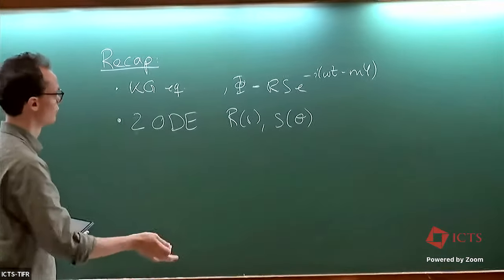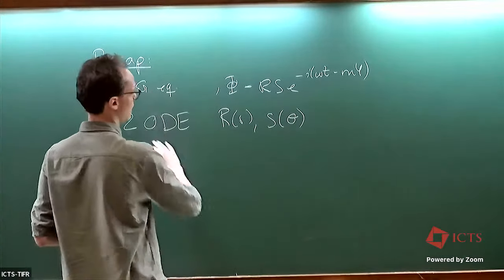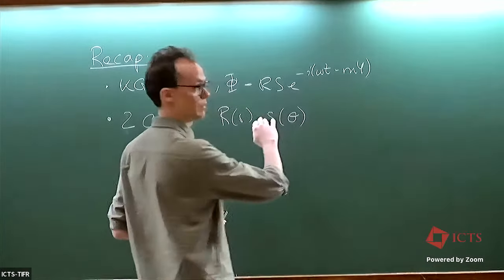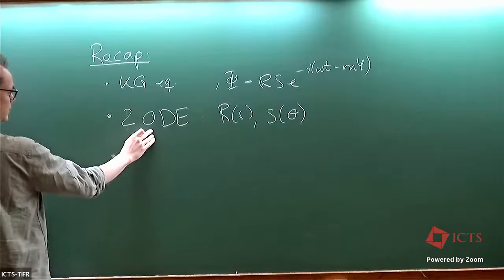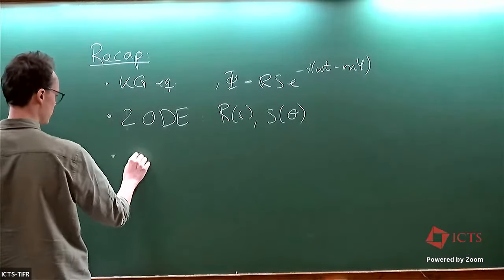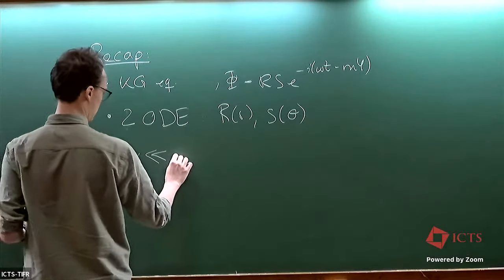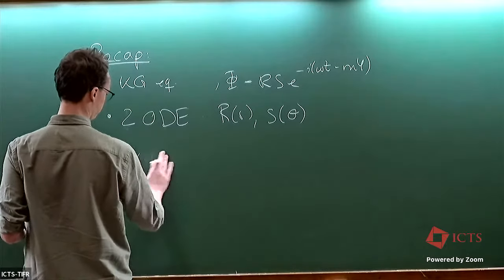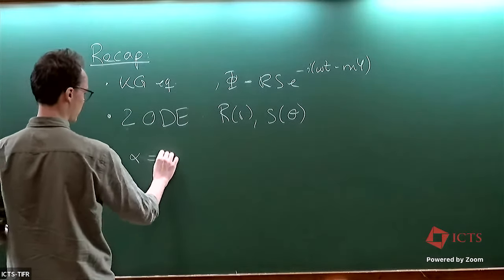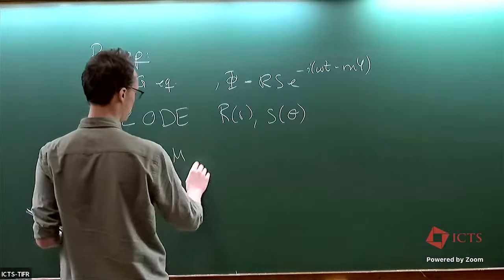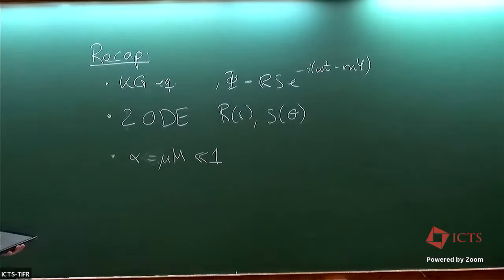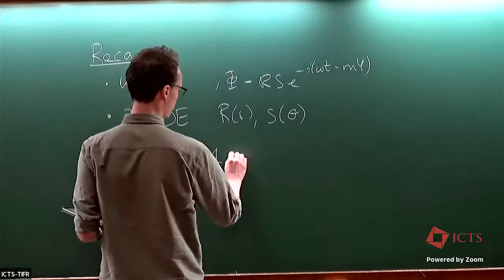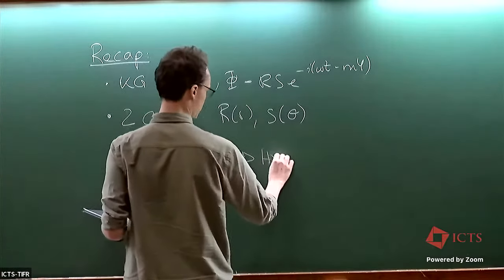We just rewrote the Klein-Gordon equation, and we made the assumption that the solution looks something like this. But then to actually solve these two ODEs, we assumed further that this, quote-unquote, gravitational fine structure constant alpha, which is just mu times m, is much smaller than 1. And in that limit, we were able to obtain a solution which was basically just the hydrogen atom.